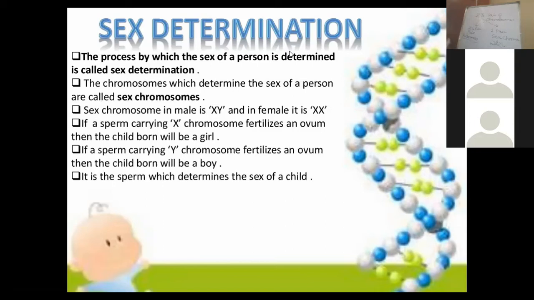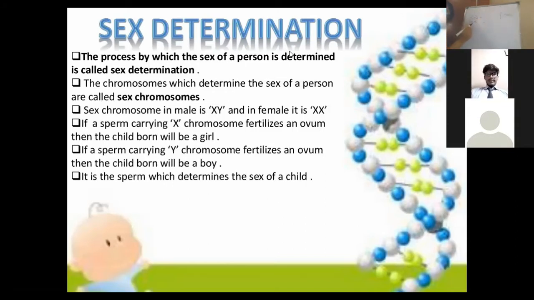Now let's write the genetic description of the cell present in the male.